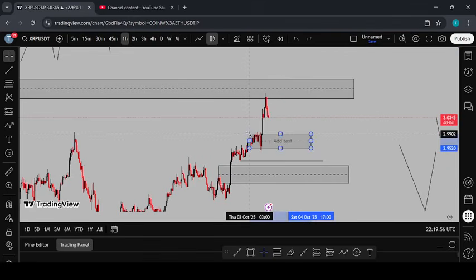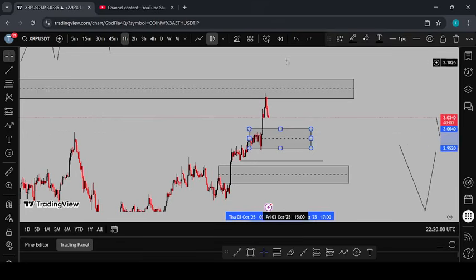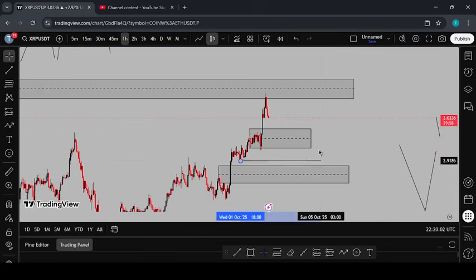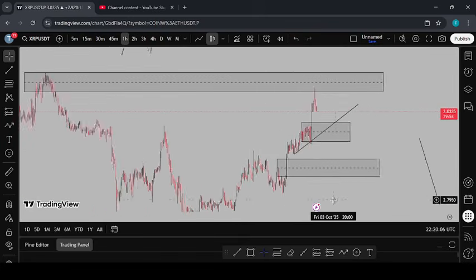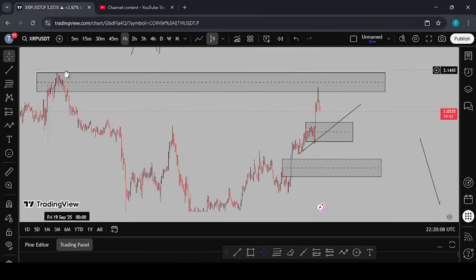Because the market rejects from here, right? Makes a pullback up without taking out this initial trend, right? Then this still bullish trend here takes out a particular point of interest that is on the sell side, right?